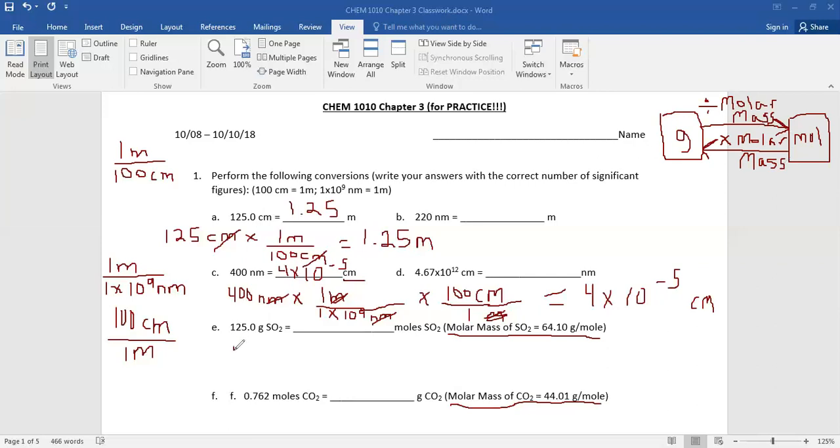So in part E, 125 grams of SO2, we'll convert that to moles by dividing the grams by the molar mass, which is 64.10 grams per mole. The grams cancel.